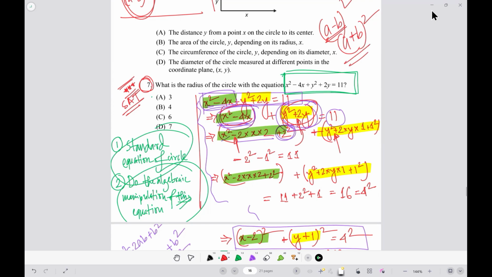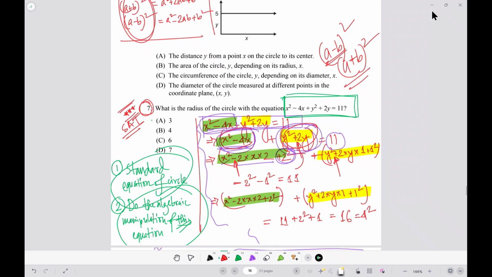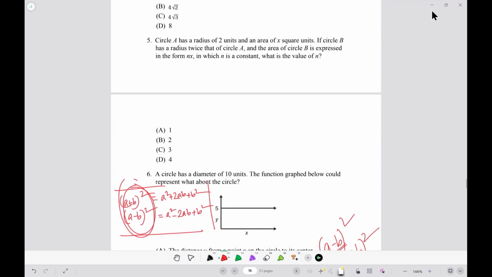If you're putting it in the XY formula, what's A and what's B? No, you are not just putting it in the a or b. Can you please write x plus y whole squared?